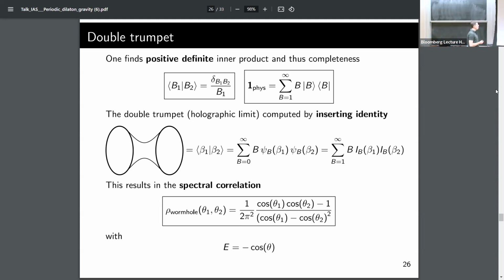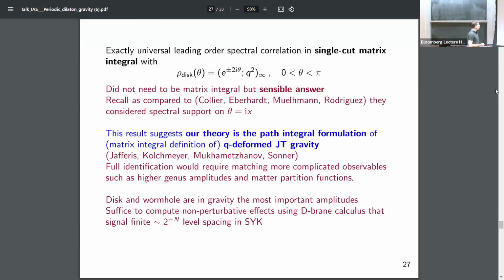So then we can compute a double trumpet simply by inserting the identity in the spaces. And what you get is the sum over Bessel functions in the asymptotic limit, which is an equation that is familiar if you thought about finite cut matrix integrals at some point. In particular, it results in the following spectral correlation, which may or may not look familiar to you with this variable for the energy.